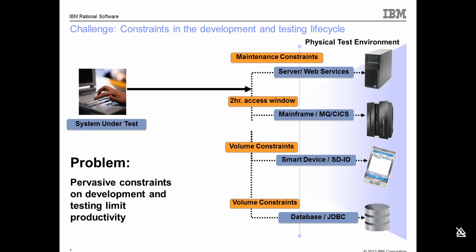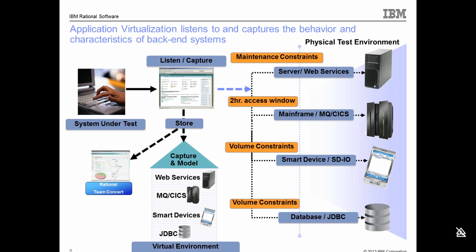I might have a physical system such as a mainframe where I have a limited access period. So I could be constrained either by the physical system itself or by the software that's running on it. In terms of messaging queues, I might have volume constraints physically posed by a smart device, and through software, maybe input-output is what the volume constraint is caused by. I could have a back-end database system, and I might have a volume constraint on this database system.